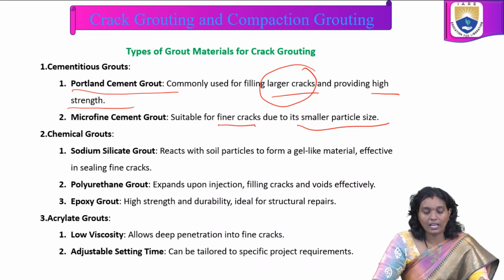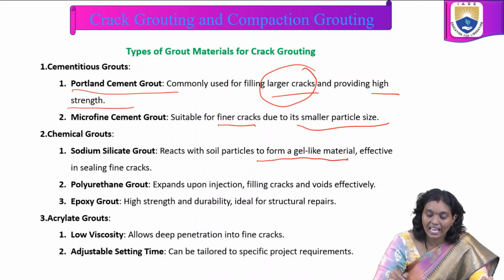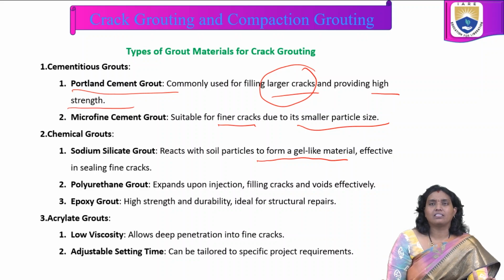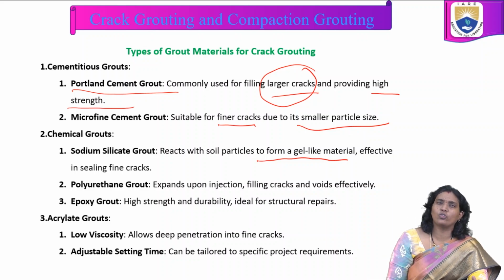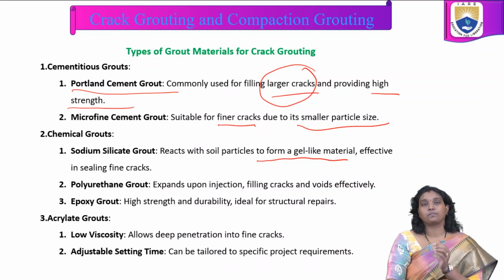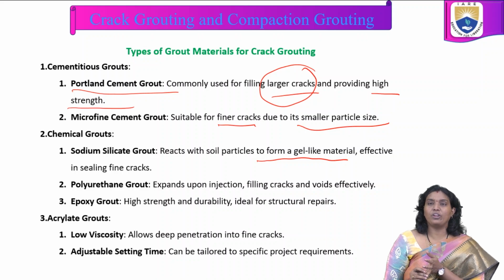Next are the chemical grouts. Sodium silicate grout reacts with soil particles to form a gel-like material, effective in sealing fine cracks. Those that expand upon injection, filling cracks and voids effectively, come under these chemical grouts. High strength, durability, ideal for structural repairs.